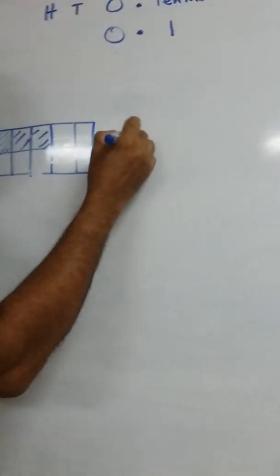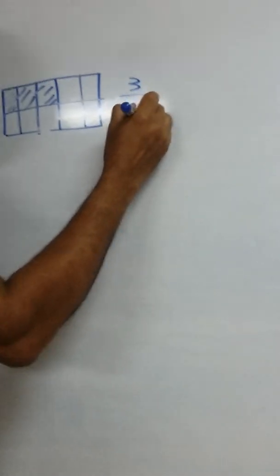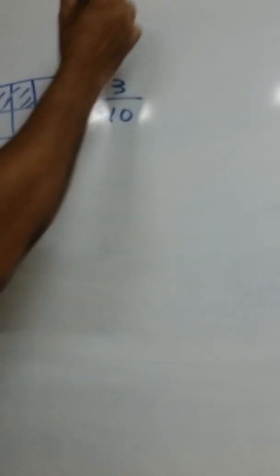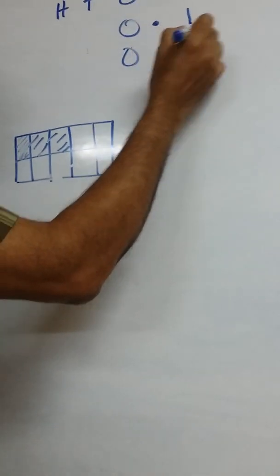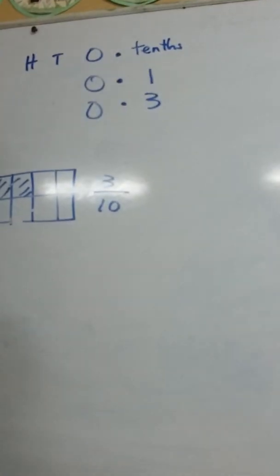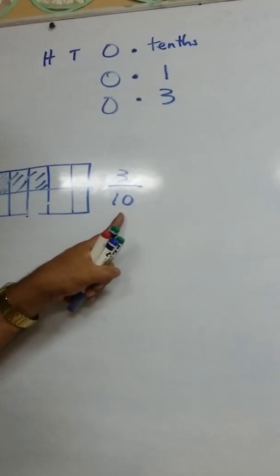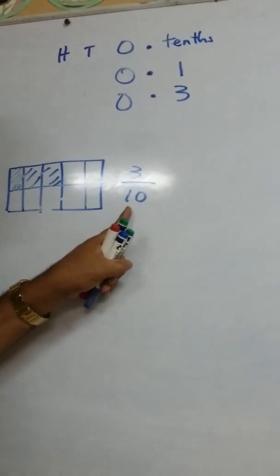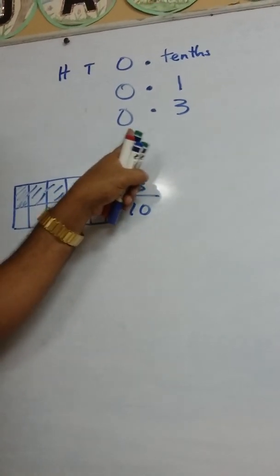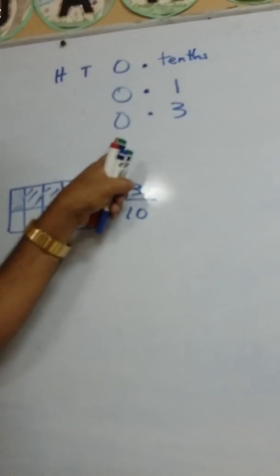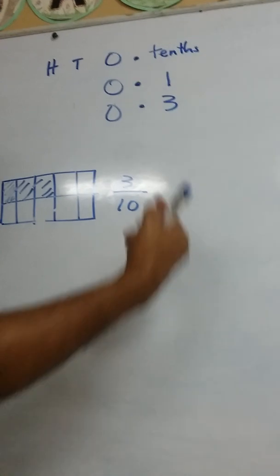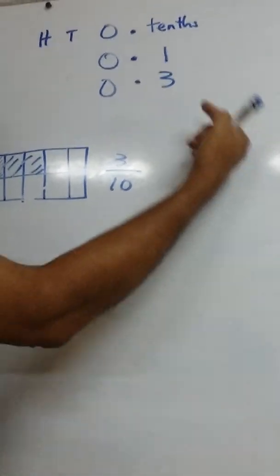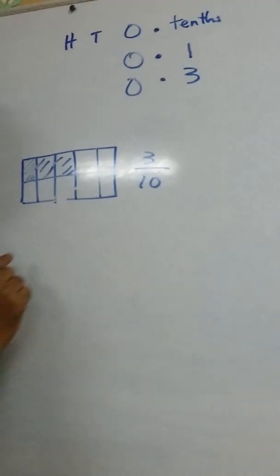I'll be talking about 3/10. How do I write that? 0 wholes and 3/10. So here we see we have a fraction, but we can write our fraction as a decimal on the place value chart. So 3/10 is 0.3. When I had 1/10, 0.1.